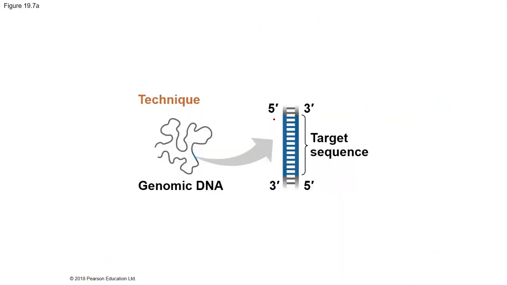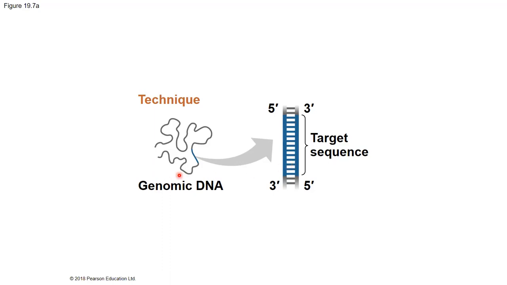And as you can see, we have a segment within the DNA, a sequence we want to amplify. So if we zoom in, this is the target sequence. We want to amplify only this DNA segment, to make millions of copies of this target sequence.